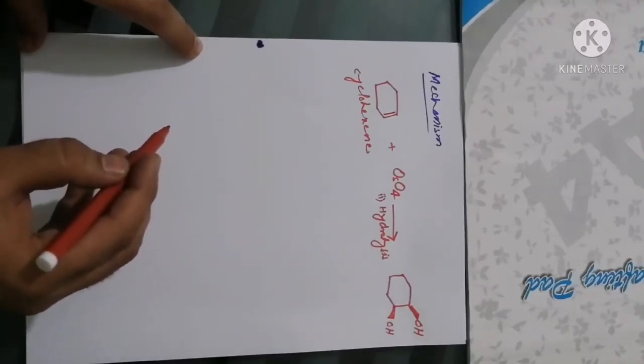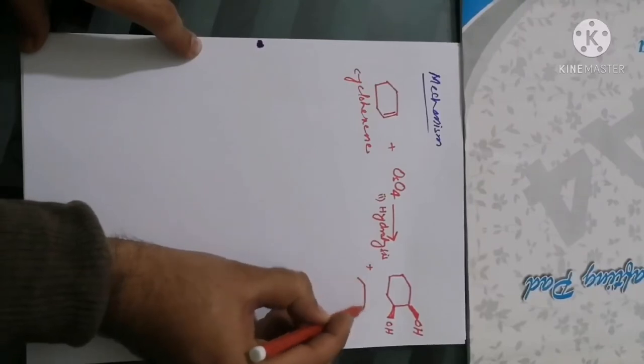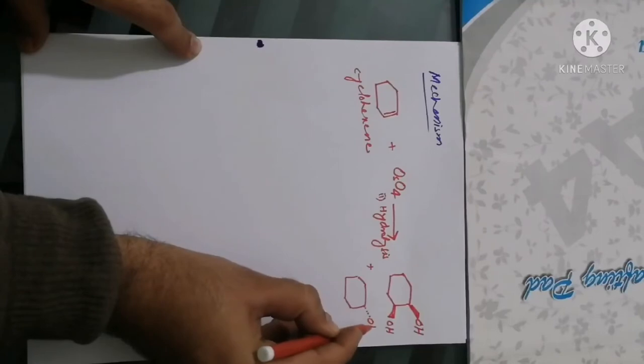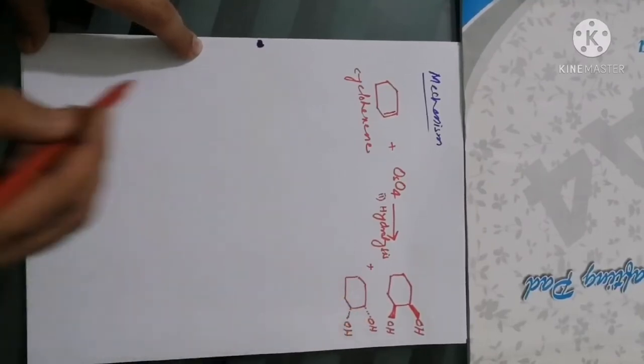Two hydroxy groups are on the front side, or in the case of a symmetrical molecule, two hydroxy groups may be on the back side of the ring.